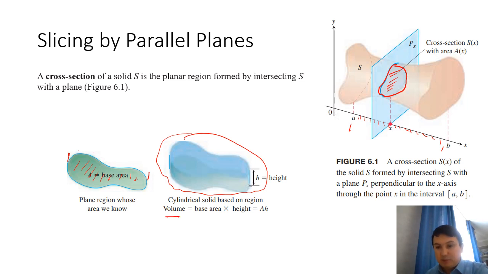Then the volume can be calculated as the base area, so the area of this cross-section, multiplied by the height. This is how we calculate these small pieces of volume, and then summing up all these small pieces will give us the volume of the solid at the end.